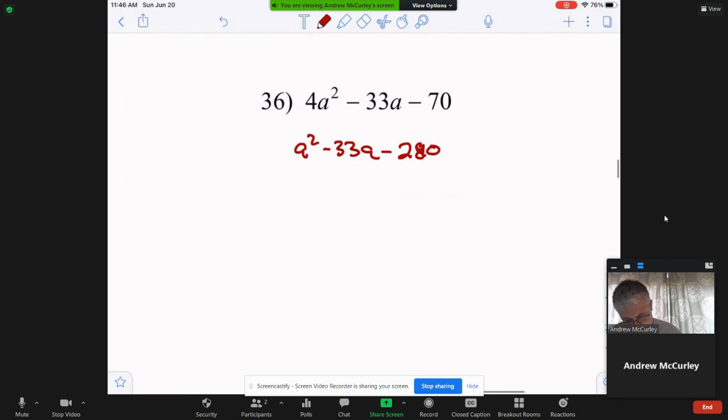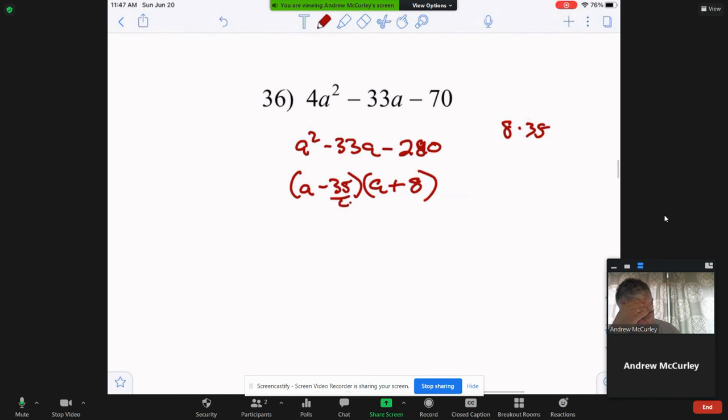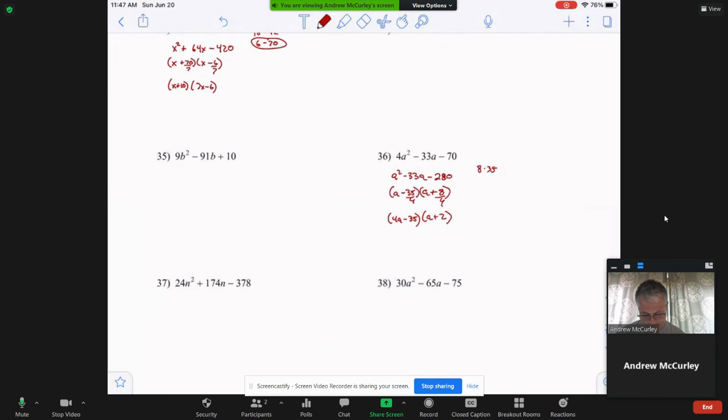Yeah. 8 and 35. So that's going to be a minus 35, a plus 8, because it's more negative than positive. Got to divide by that 4 now. So this just becomes a plus 2. This is going to be 4a minus 35. Ta-da. All right, I think we did enough of those.